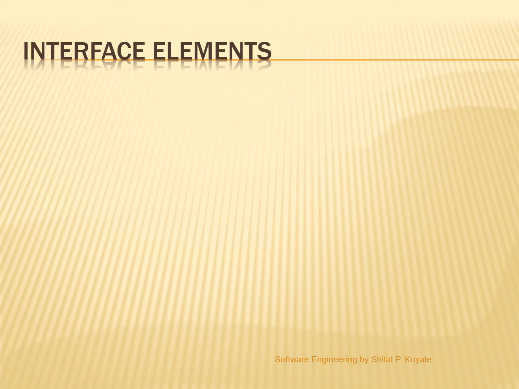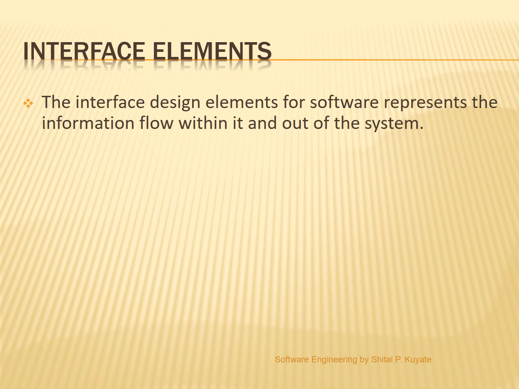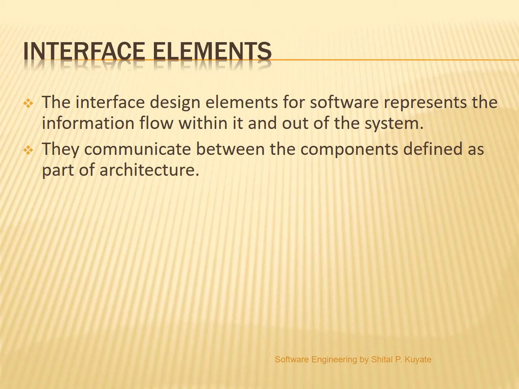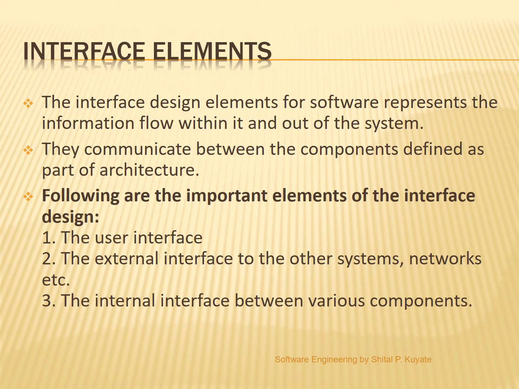Now let's have a look at the interface elements. That is the third element of the design model. Basically, interface design describes how the software communicates with the systems that operate with it and with humans that use it. The interface design elements for the software represent the information flow within it and out of the system. They communicate between the components defined as a part of the architecture.